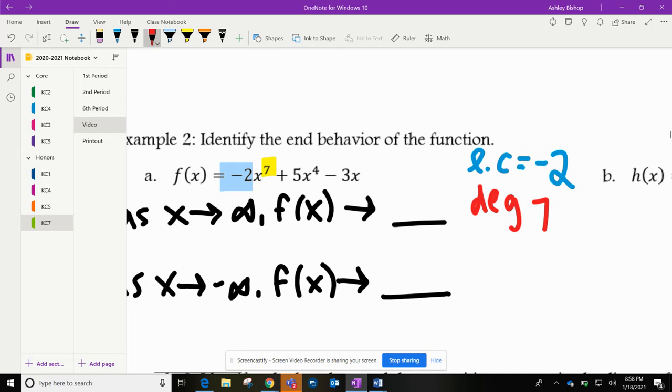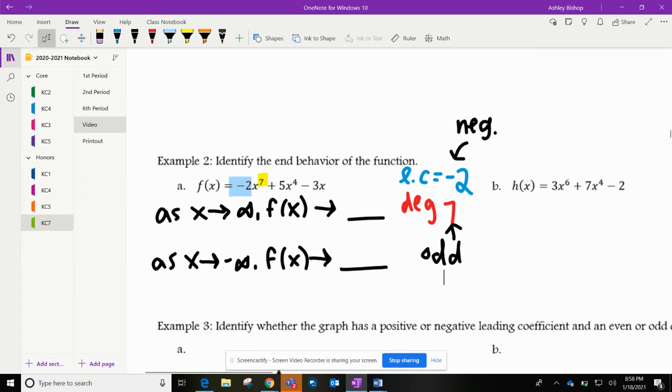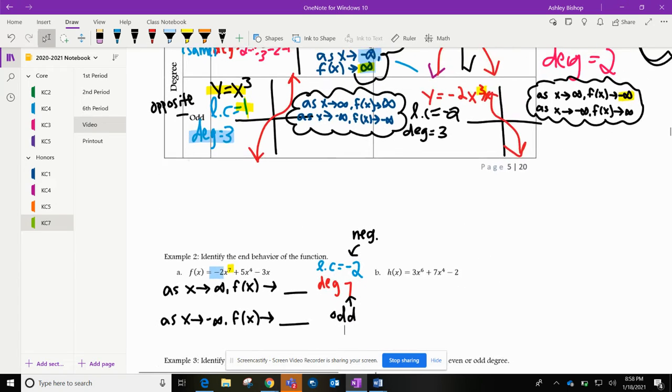Well, let's see what I know about that in terms of my chart. My leading coefficient being a -2, that's negative. And my degree being 7, that's odd. So what do I know about negative and odd? Let's go look at my chart.